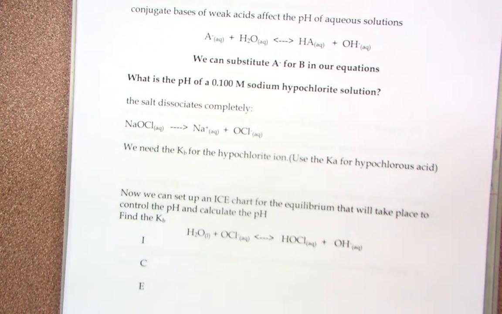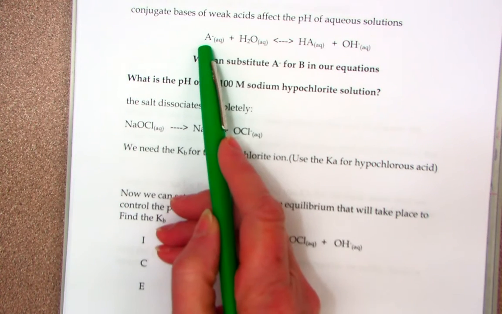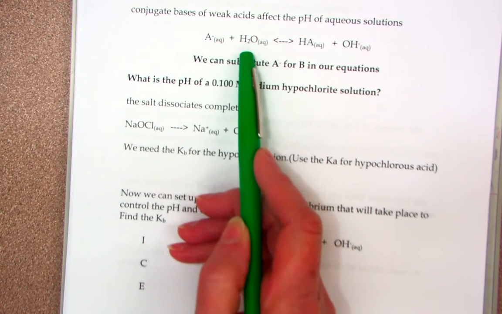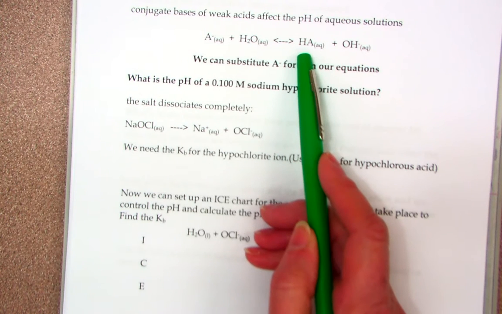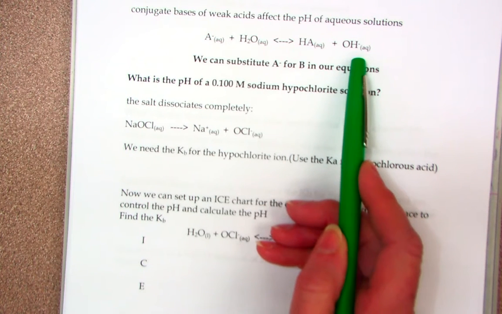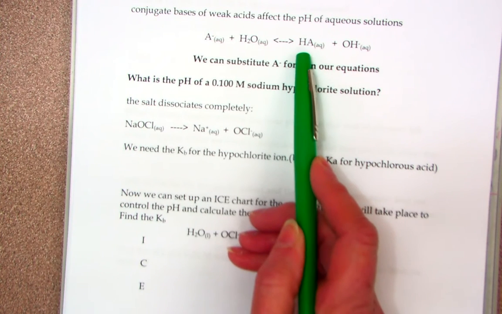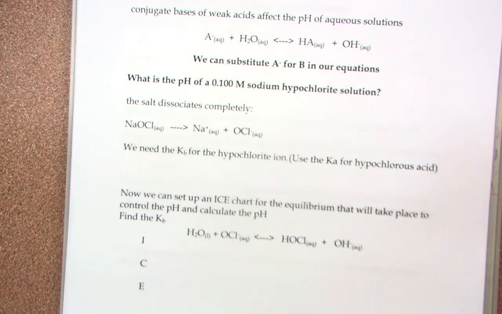Okay, so these A- anions react with water to make the weak acid plus a hydroxide. This is the conjugate acid of a weak base. In this case, the conjugate acid of the weak base is a neutral acid, and our base was a negatively charged anion instead of a neutral molecular compound like an amine. Okay, let's look at an example now.